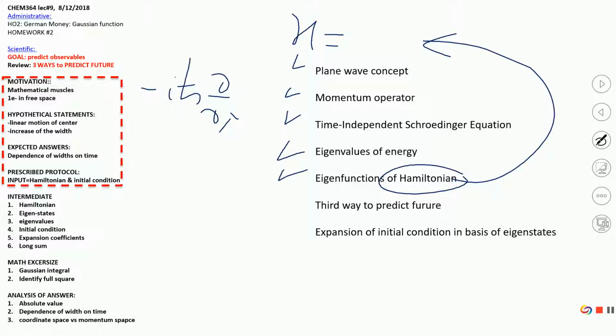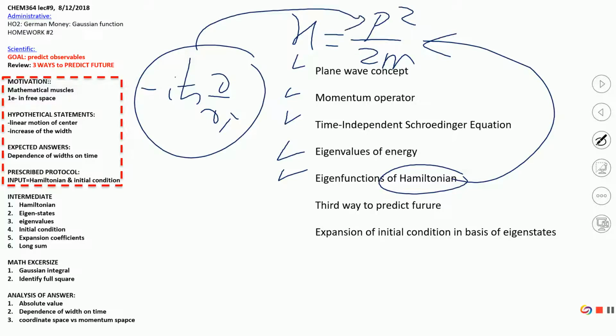If it is free space, there are no ions, no walls, no semiconductor quantum dots, no enzymes. So in free space, the potential part of the total energy will be zero. The whole Hamiltonian will be composed only of kinetic energy. Kinetic energy is p squared over 2m, and momentum is the derivative operator that we defined. Third way to predict the future, right? You have it.